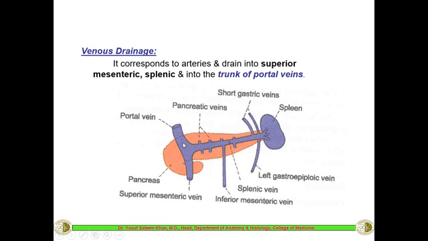And here you can see at the neck behind, this is the portal vein, which is in very important relation to the neck of the pancreas. So all these corresponding veins will drain either into the superior mesenteric vein or into the splenic vein, and sometimes some of the veins drain directly into the portal vein also. But all these veins finally drain into the portal vein. That is the main venous drainage of the pancreas.